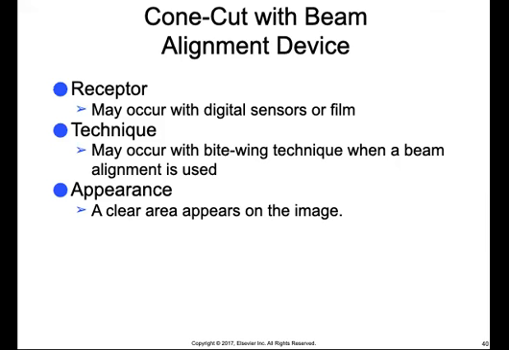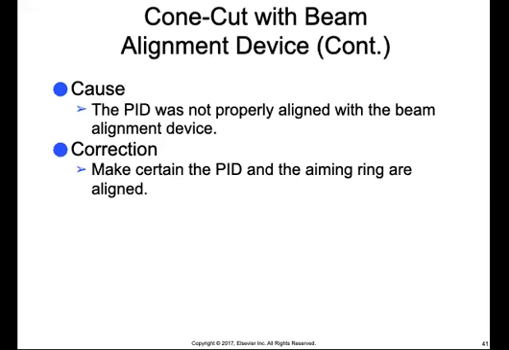The appearance is a clear unexposed area on the image. The cause was that the PID was not properly aligned with the beam alignment device or the beam alignment ring. To prevent this, make sure the PID and the aiming ring are properly aligned and flush.